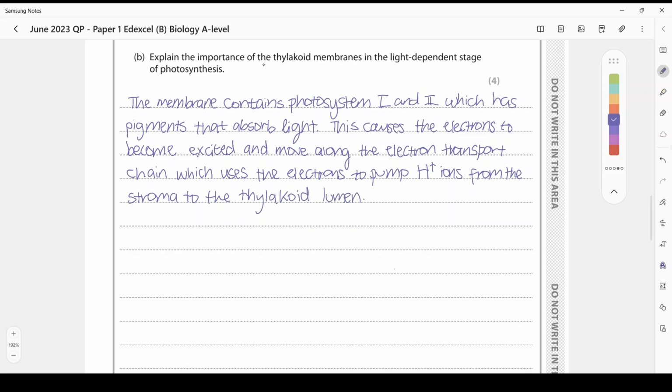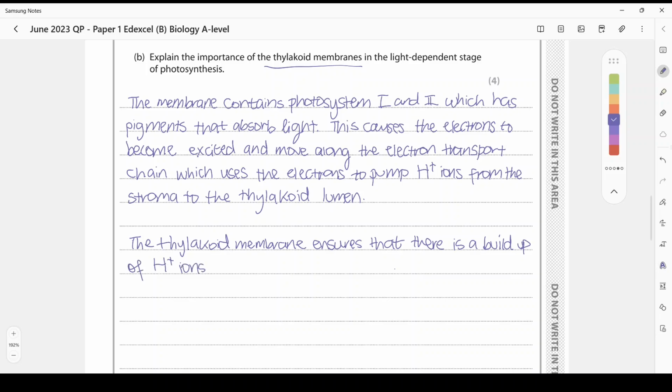Again, remember, we're talking about the importance of the thylakoid membrane, right? So the membrane is there to ensure that there is a buildup of hydrogen ions. So the thylakoid membrane ensures that there is a buildup or accumulation of hydrogen ions.